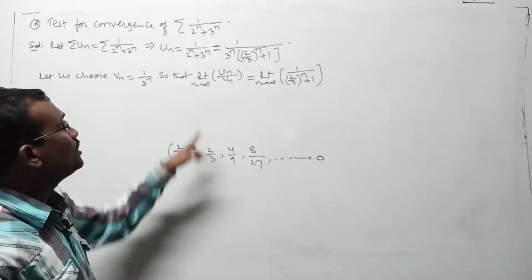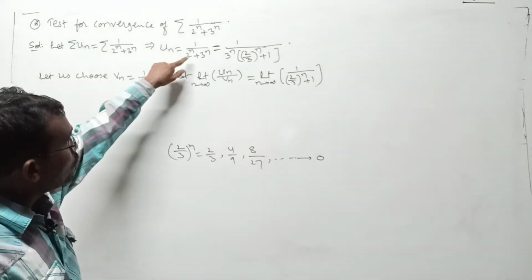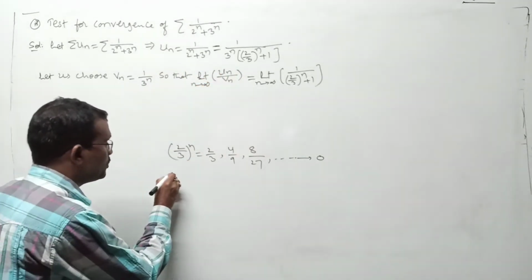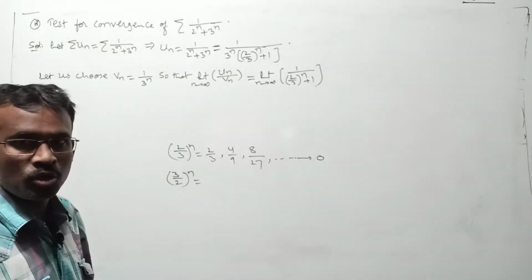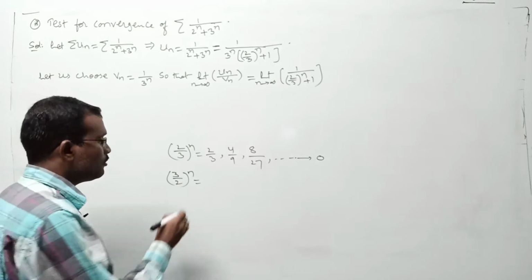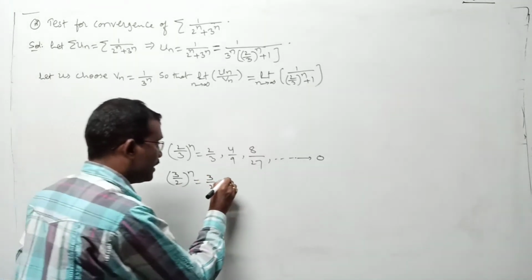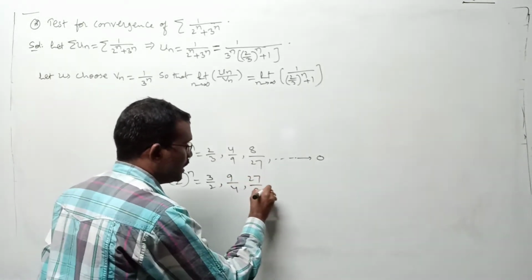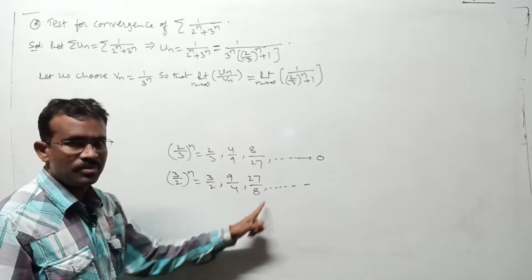For this reason only we took the maximum base term common. If suppose you take 2 power n common, here you get 3 by 2 whole to the power of n. Let me explain that also. If you take 3 by 2 whole to the power of n, for n equal to 1 you get 3 by 2, for n equal to 2 you get 9 by 4, next 27 by 8. Like this it is increasing. Look: 3 by 2, 9 by 4, 27 by 8 and so on.